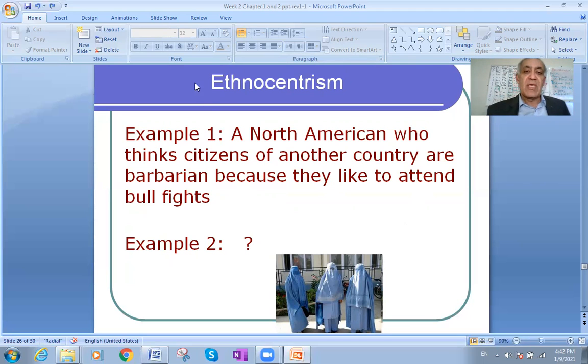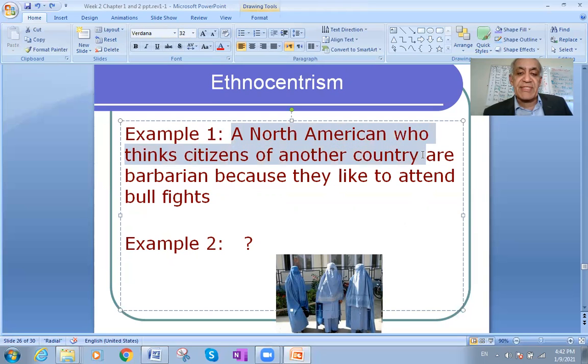Okay. Ethnocentrism example: North Americans who think citizens of another country are barbarians because they like to attend bullfights. This is an example.